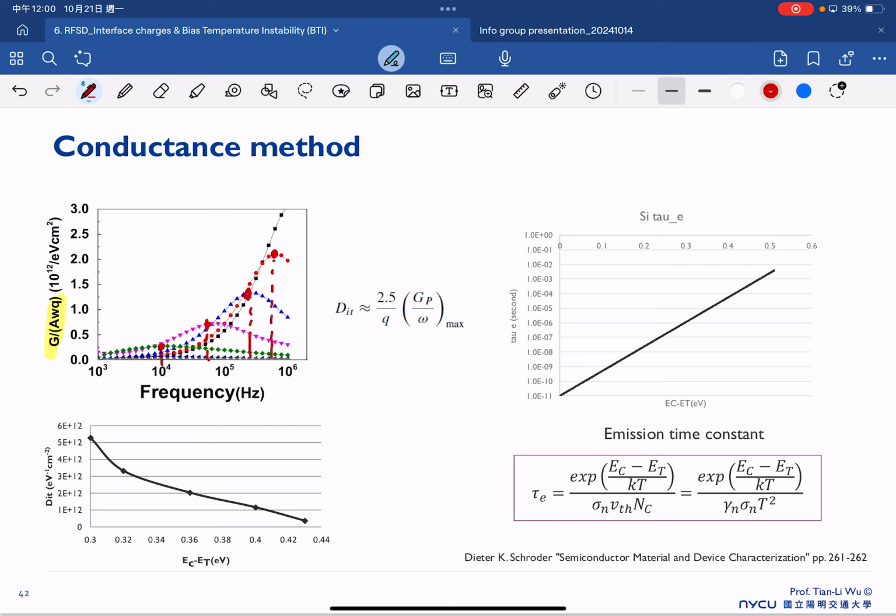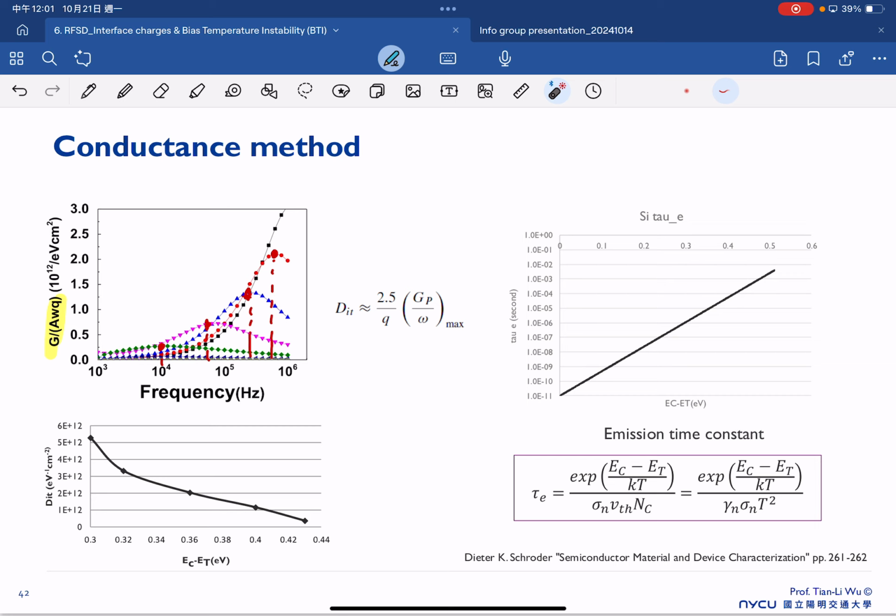And the reason why we extrapolate the peak here is because the peak is where the response increases or decreases. So that means the peak is the moment that the frequency causes trapping and detrapping at an equal rate. So that means this is the frequency that we are interested in to characterize the energy level here.